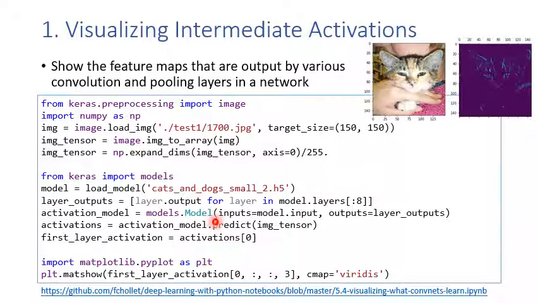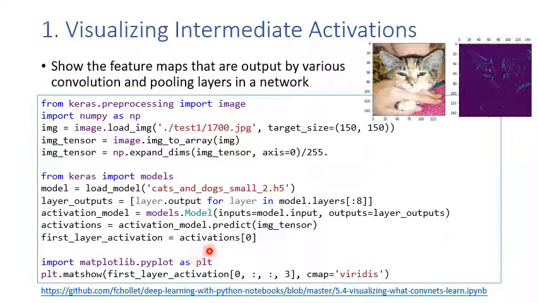Then we use the Keras model to connect the model input and the activation output. We call this the activation model. So now we have the input tensor and the outputs of all the layers in the model. Then we make a prediction, passing the image tensor into this model.